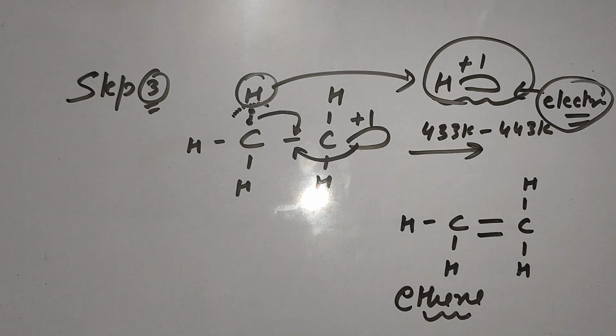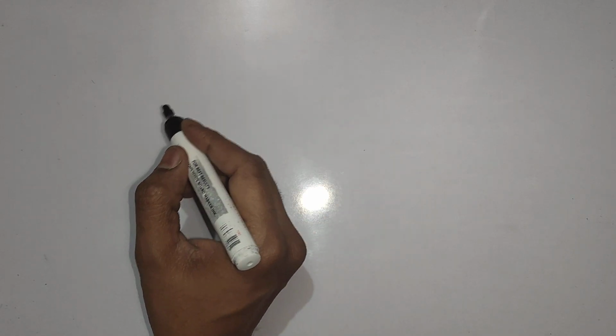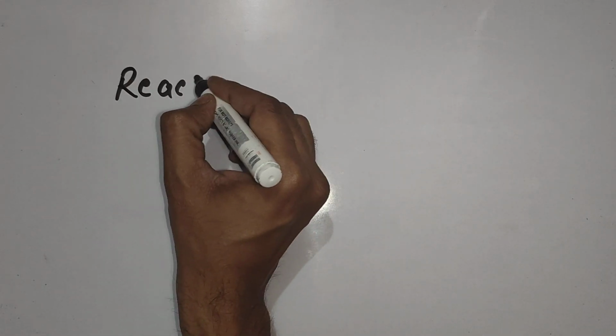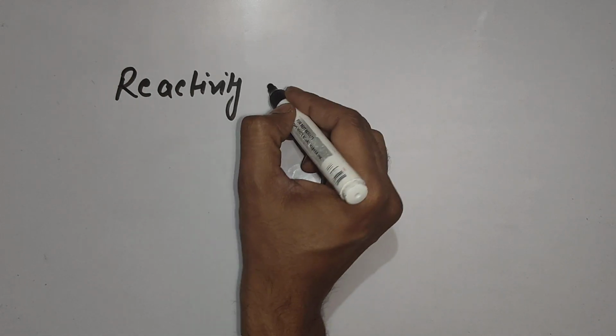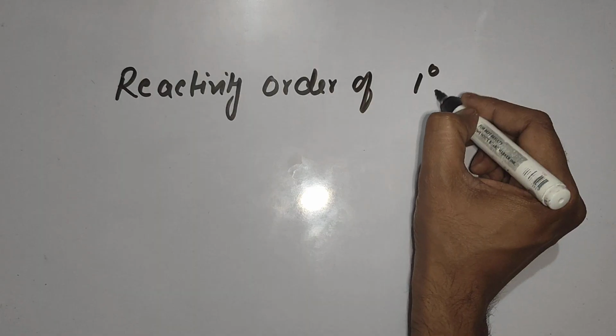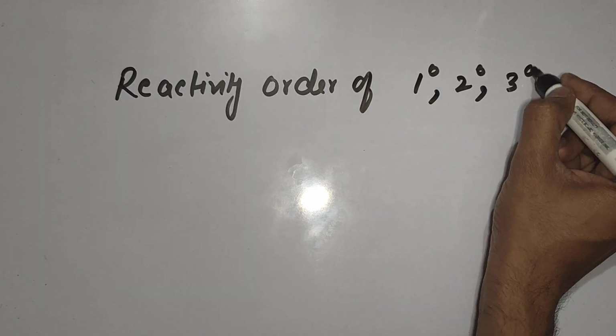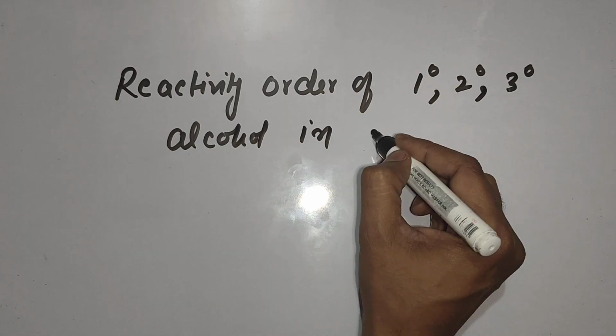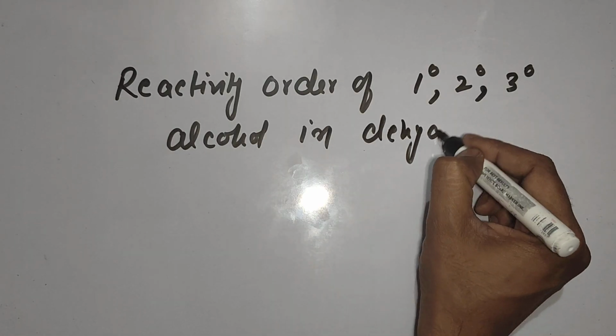Now, I am leaving you with one question, try to solve it by yourself. What will be the reactivity order of 1 degree, 2 degree and 3 degree alcohol in dehydration reactions?